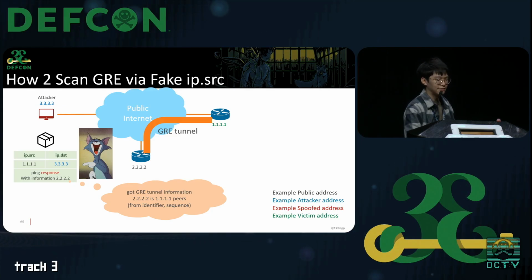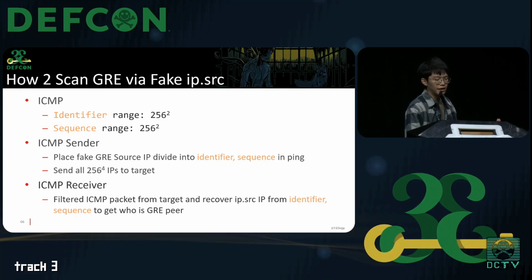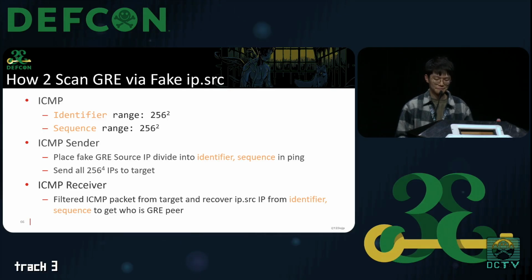Then we can identify the victim's GRE internal peer IP address by its ID field and sequence. We can encode the information into the ICMP ID field and sequence field, which together can represent all 255 to the power of 4 possible IPv4 addresses.